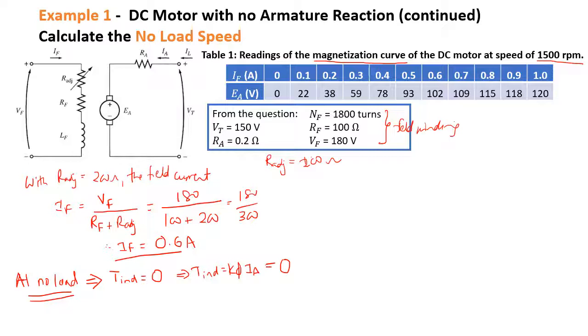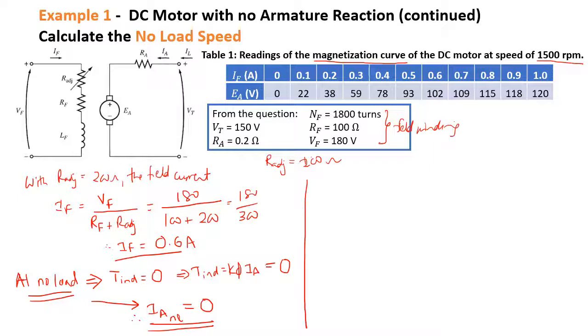So if there's no torque at no load, therefore IA at no load must equal 0. Why? Because the induced torque must be 0.